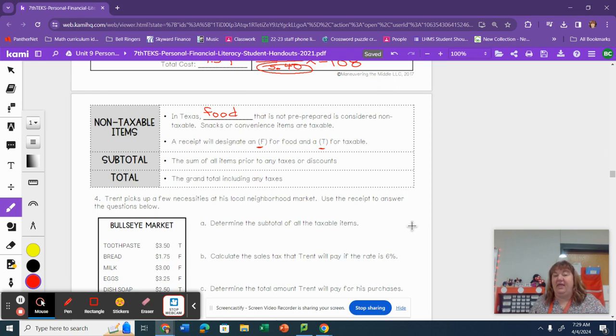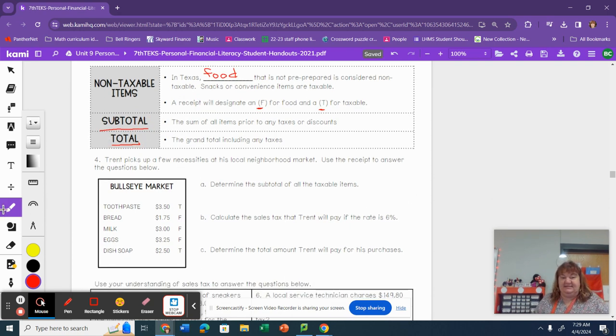The sum of all the items prior to any tax or discount is the subtotal. Then you have the grand total. So let's look at this receipt. Toothpaste is taxable. Bread, not taxable. Milk, not taxable. Dish soap, not taxable. And eggs, not taxable. I'm sorry, dish soap, taxable.